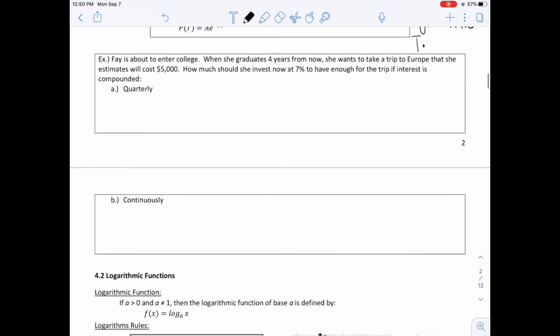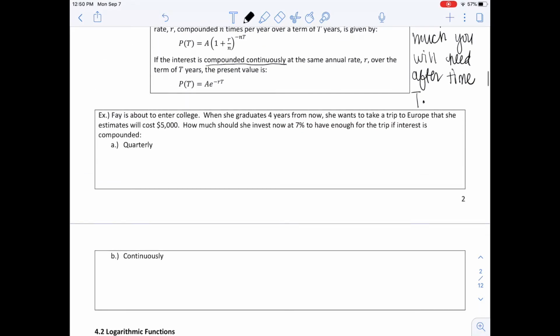And so for quarterly, I'm going to go ahead and copy down the formula that we have, the first one. This is P of T is equal to A times 1 plus R over n raised to the negative n times T. The amount that she's expecting it to cost is our $5,000, and so that's our A. That's how much she needs to have.